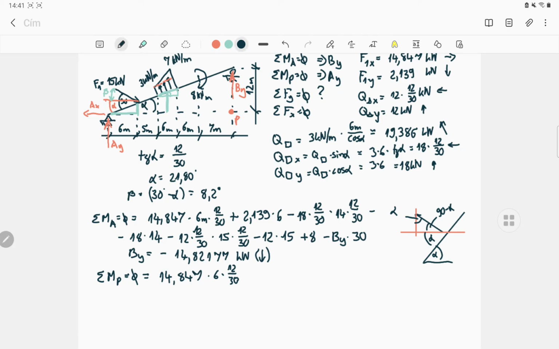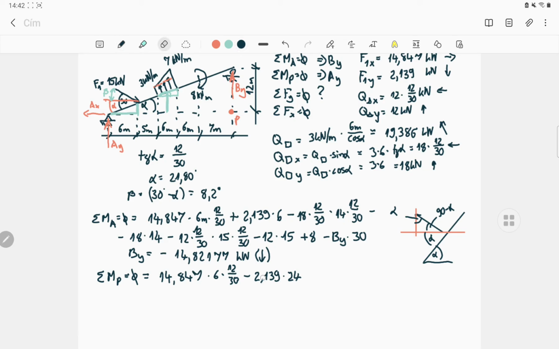Let's see the Y component, the 2.139. From the P point, you have to see the X and the Y components are turning opposite ways. So I have to write minus 2.139 times, and the distance from the P point is 7 plus 6, 13, plus 6, 19, plus 5 is 24. Okay, let's see the rule again.